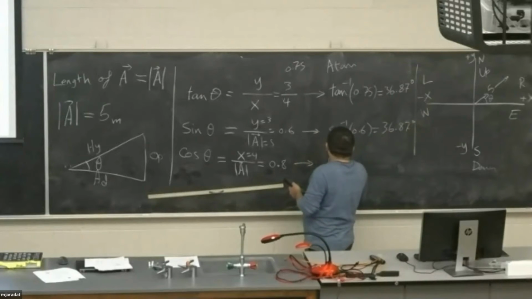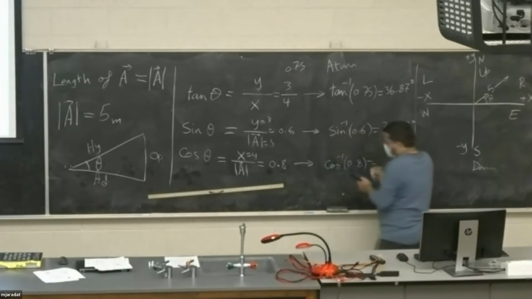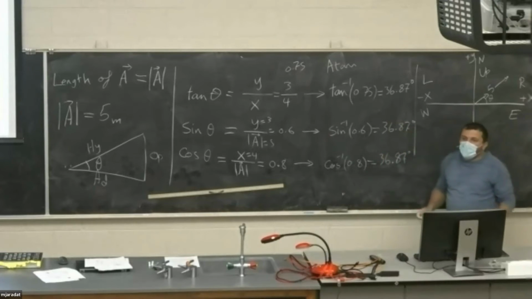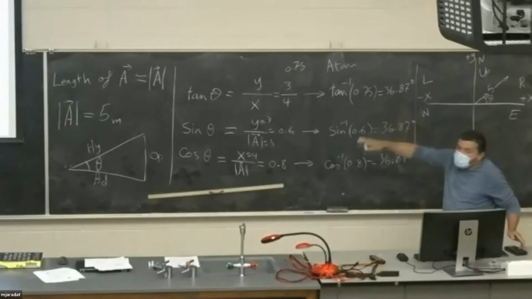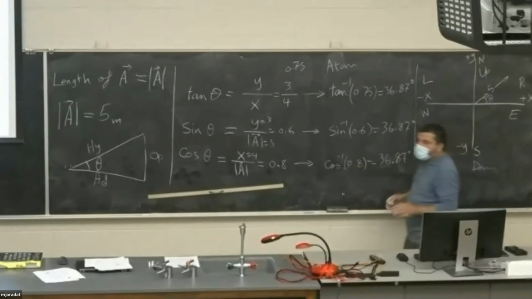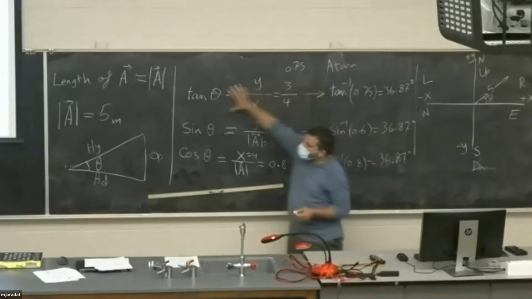Now, cosine inverse of 0.8 is equal to, let's see. It's the same angle. You can use any of these formulas to find the angle, but if you know just the x and y, you directly use the tan.